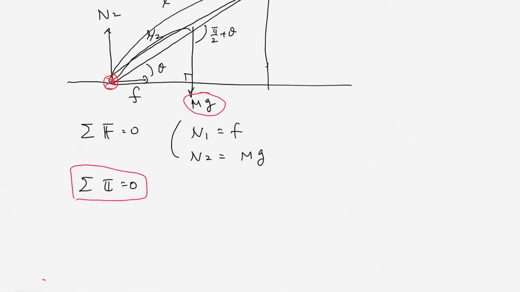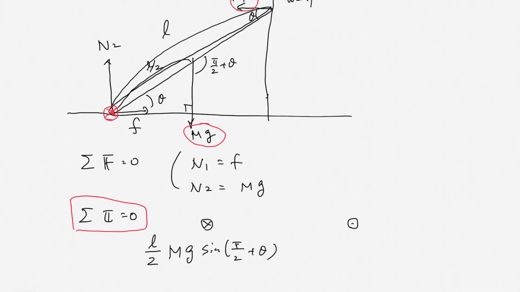For gravity, the length is L over 2 times the gravitational force mg, and the angle is pi over 2 plus theta, so sine of pi over 2 plus theta. This is in the same direction as the axis of rotation, directed toward the board.